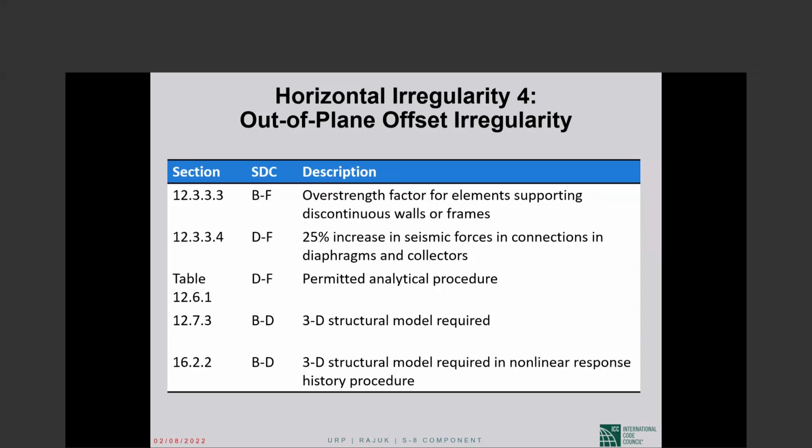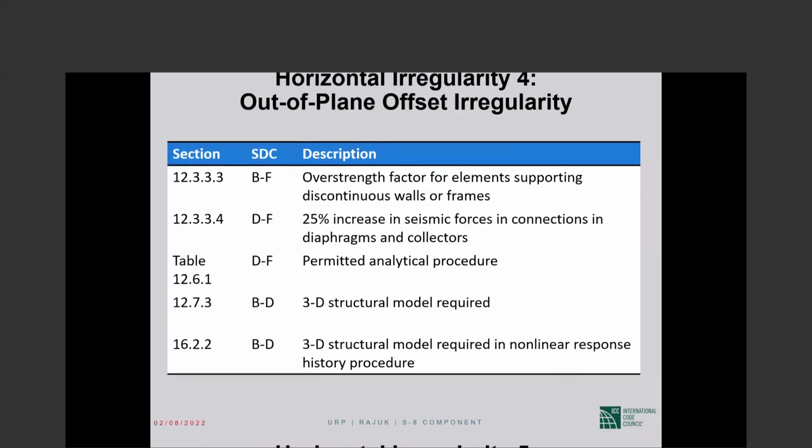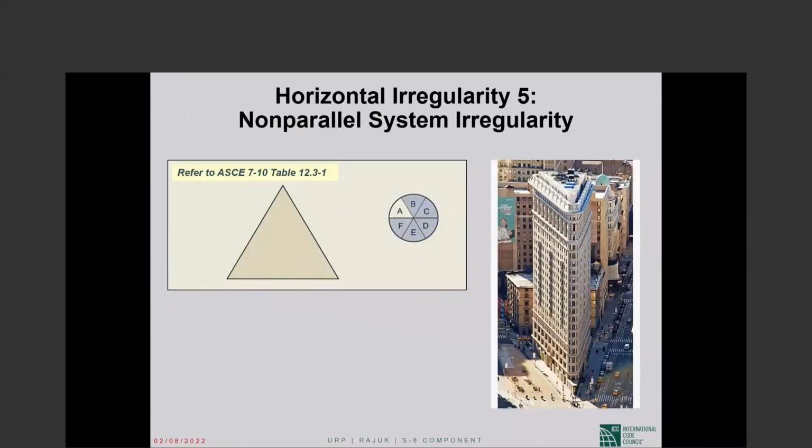Then a 25% increase in seismic forces, that is almost everywhere for every irregularity. Permitted analytical procedure that you have to look at. A 3D model would be required, and even in nonlinear time history analysis, a 3D model will be required. The final horizontal irregularity is non-parallel seismic force resisting systems.